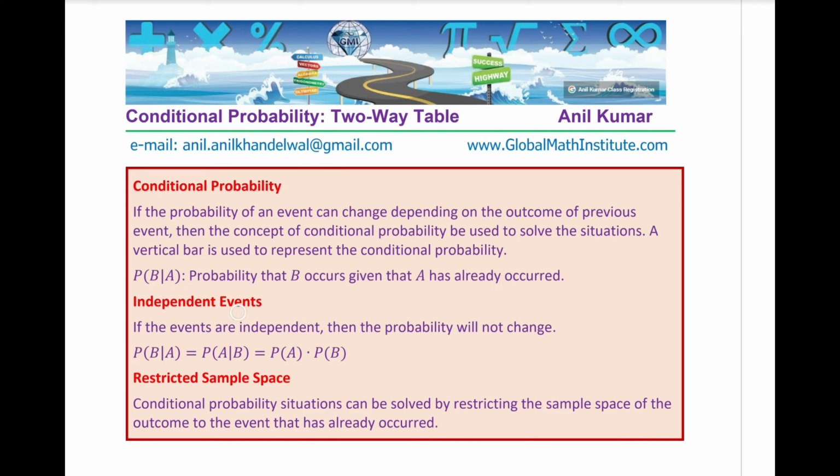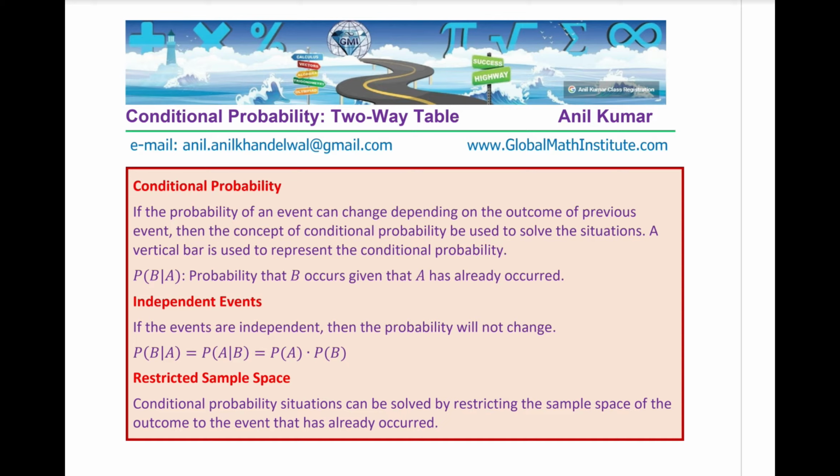Now, if the events are independent, then what happens? If the events are independent, then the probability will not change. That is to say, the probability of B when A has occurred will be the same as the probability of B, and P(A and B) will be equal to the product of the probability of A with the probability of B.